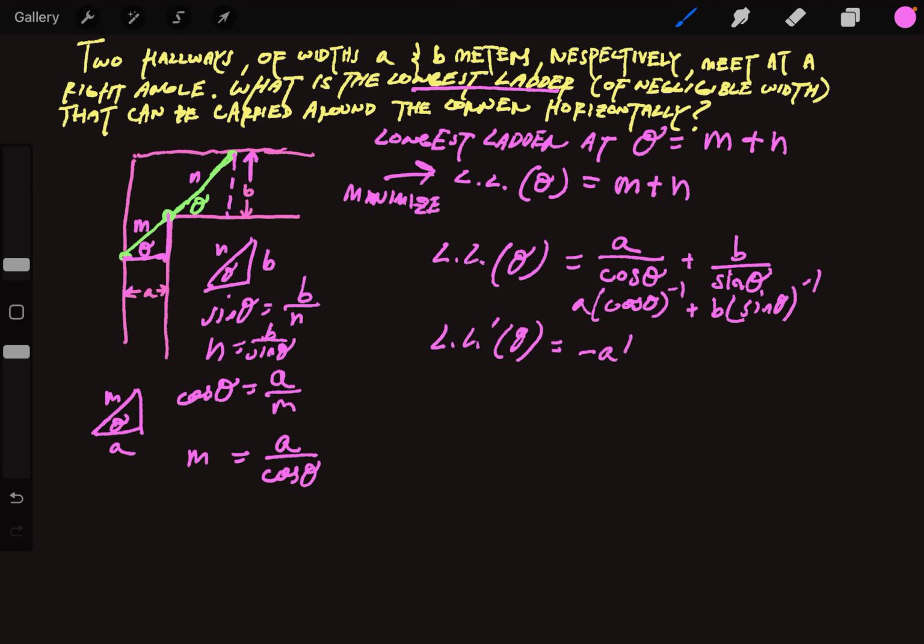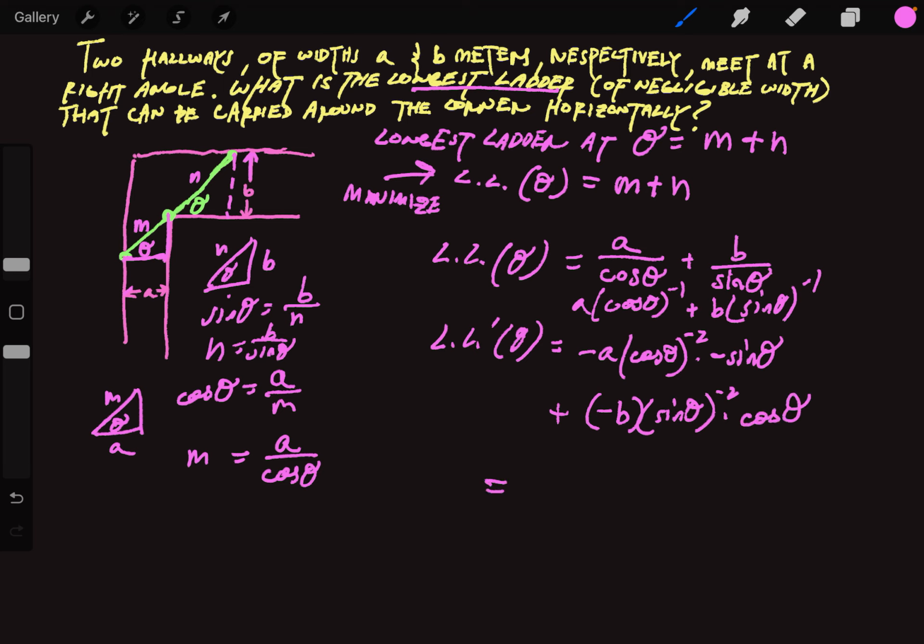I'm going to say negative a cosine theta to the -2 times the derivative of cosine theta, which is negative sine theta, plus negative b sine theta to the -2 times the derivative of sine theta, which is just cosine theta.